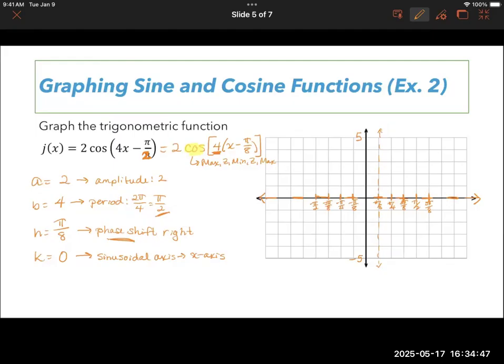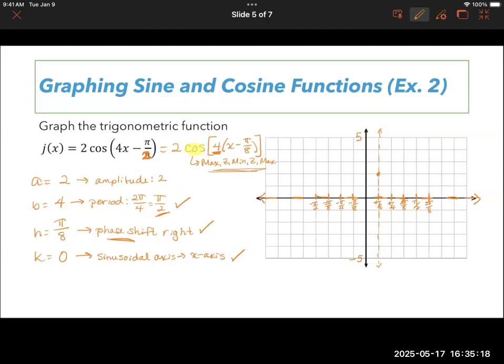Okay. All right, so I have got my period. I have drawn my vertical line because of the phase shift, so I know where I'm starting. I know my sinusoidal axis is on the x-axis. So now using my amplitude of 2 and using the normal pattern, I'm going to start at a max of 2. So I'm going to start 2 units up here.